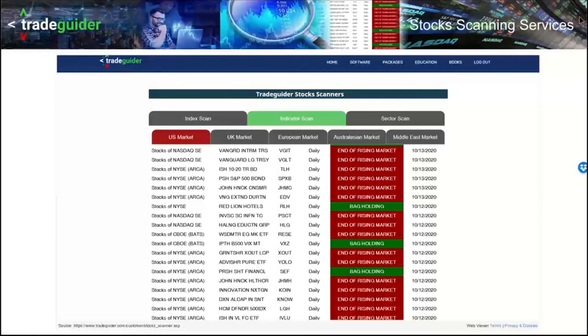So what we are doing is waiting until the market is closed, then waiting for an hour or a couple of hours. After that, we perform a recent scan of the market. For the daily chart, it's done on a daily basis, and for the weekly chart, on a weekly basis. You will get the results on Saturdays, on Sundays. I would say that the scans take place during the weekend.